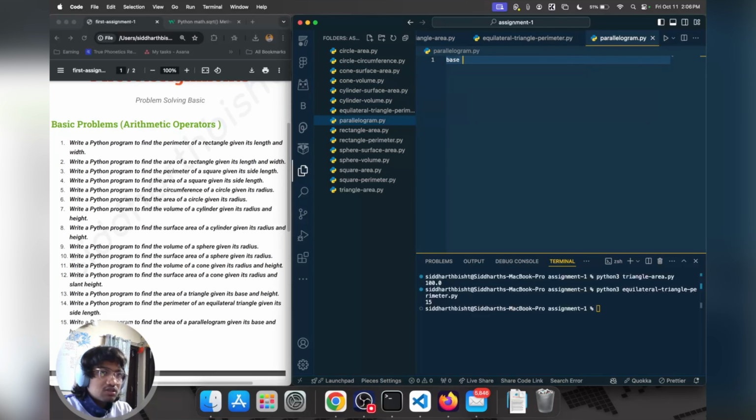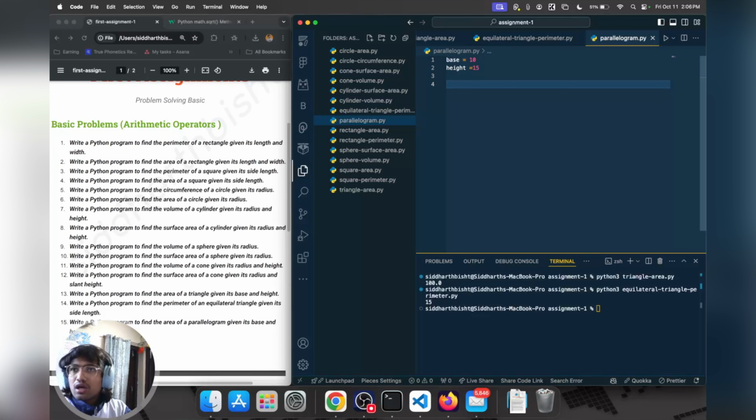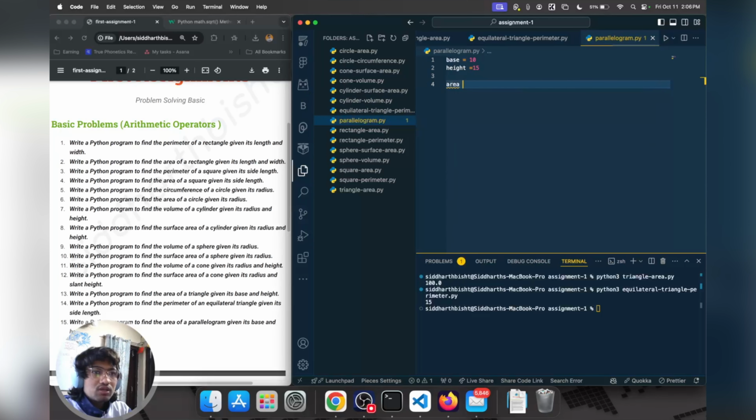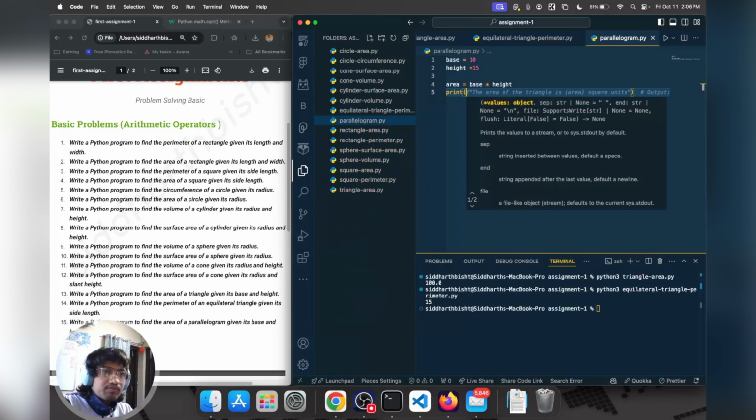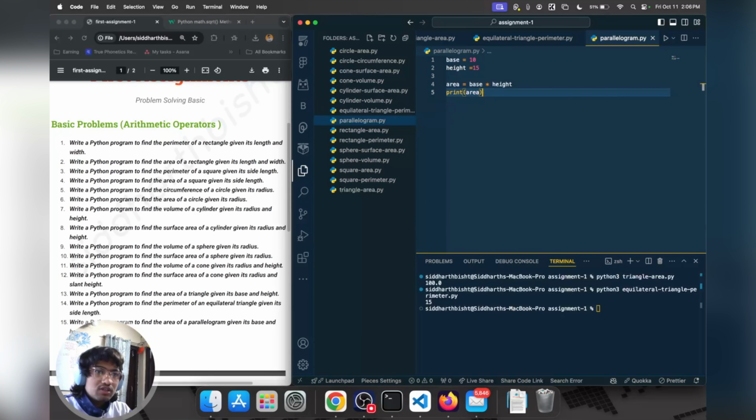We are given its base, let's say anything, its height, let's say anything, and then the area of the parallelogram is simple, base into height. Area is equal to base multiplied by height, print area, and that's all.